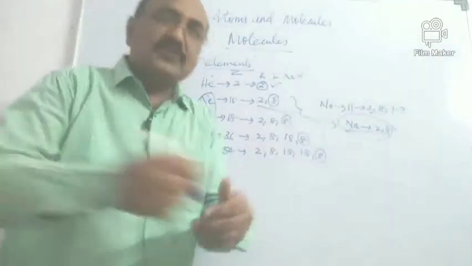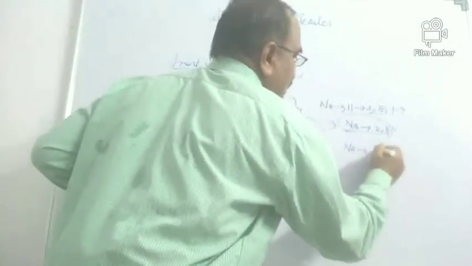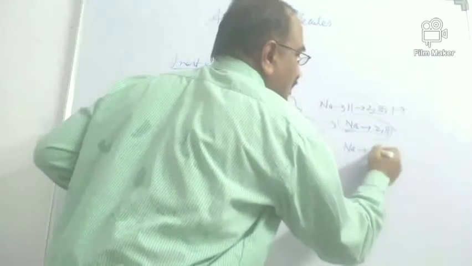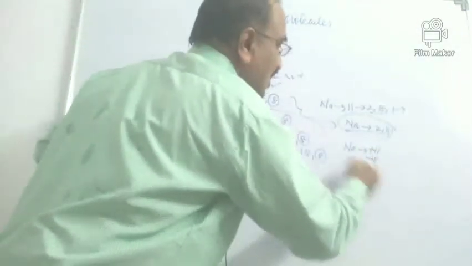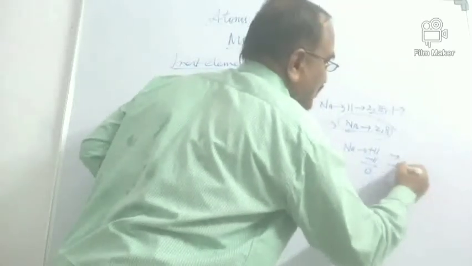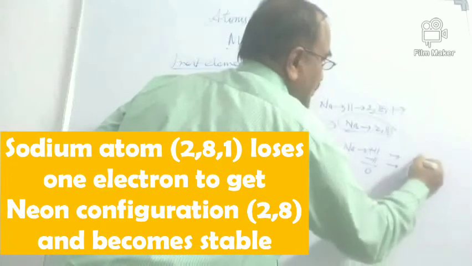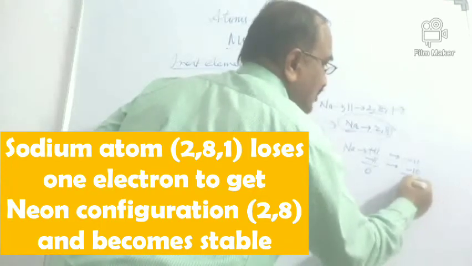But in this process, sodium has atomic number 11, meaning there are 11 protons, and it will have an equal number of electrons, right? So its charge should be 0, because an atom is initially neutral. Then, if it loses one electron, it becomes 10 electrons and 11 positive charges, to become +1.